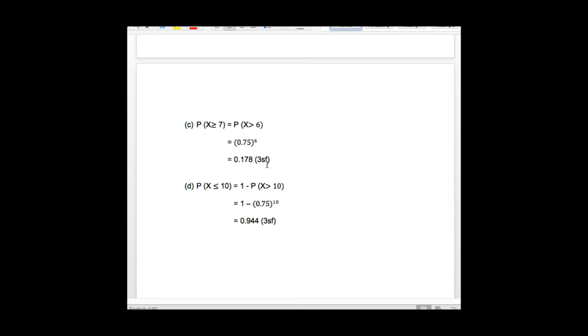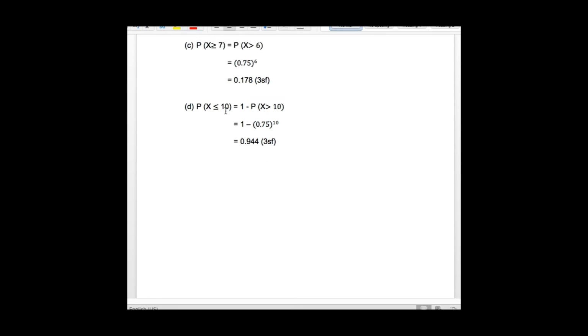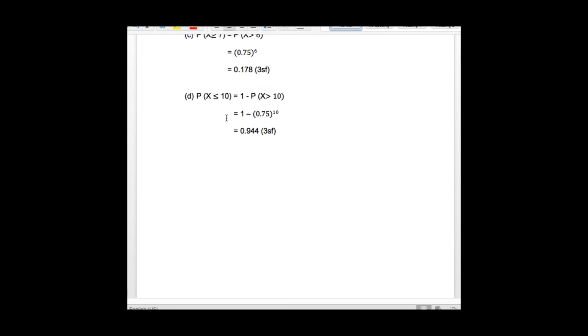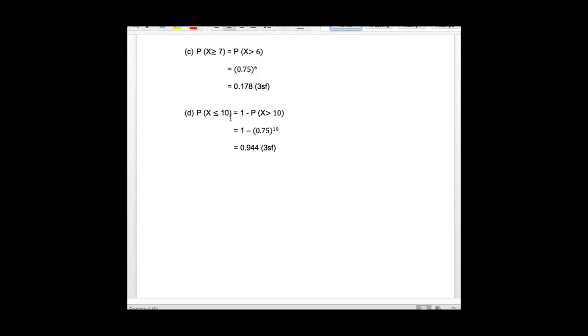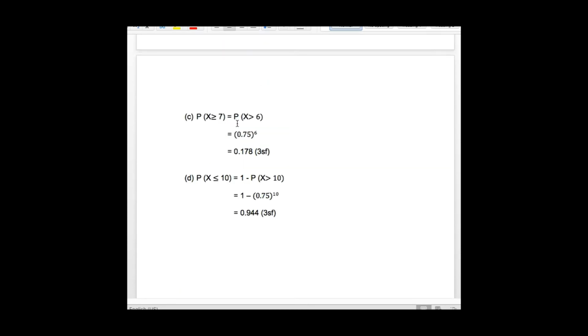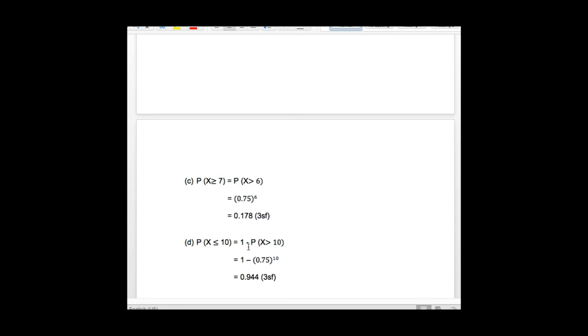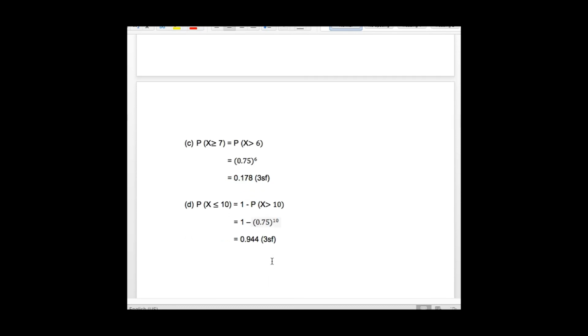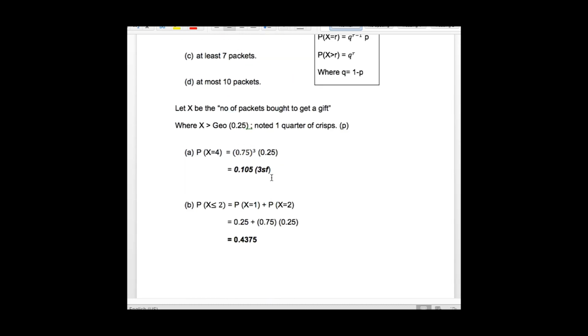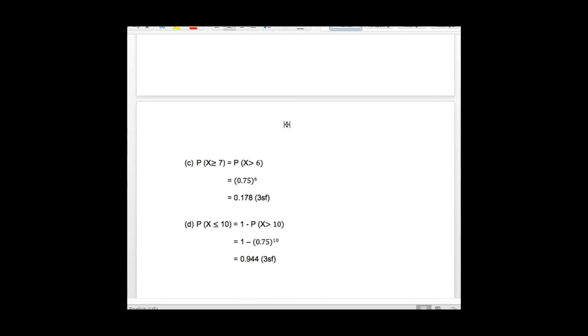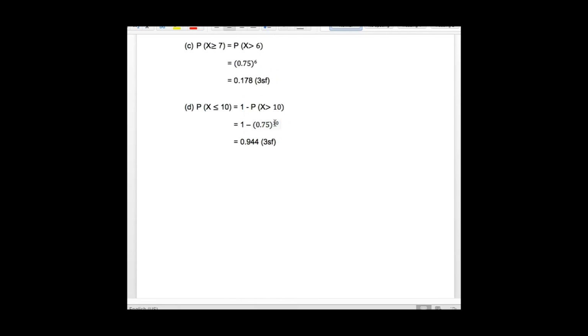And the last part is S less than or equal to 10, P(S ≤ 10), where the solution is 1 minus P(S > 10), which is 1 minus 0.75 to the power of 10, since p is 0.25 and 1 minus 0.25 is 0.75.